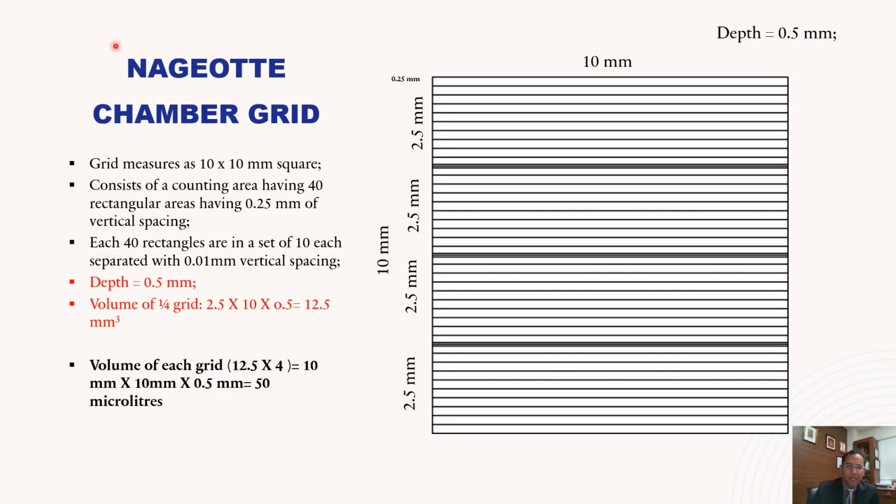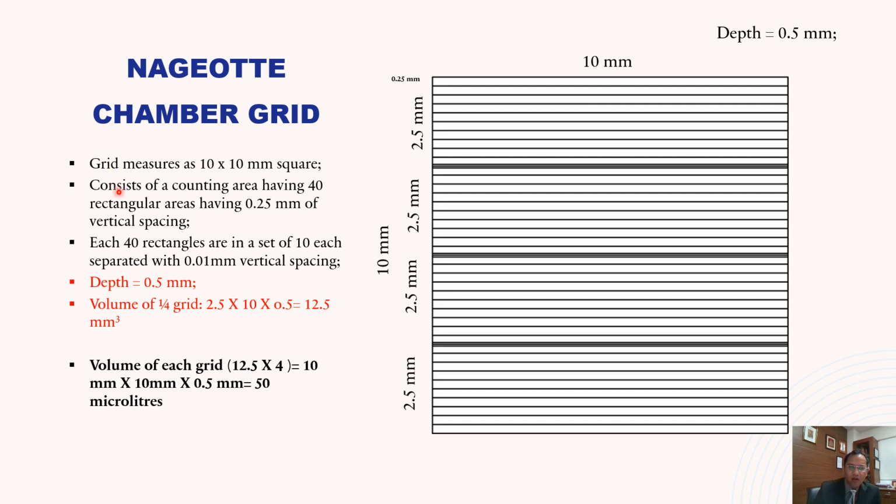Now the Nageotte chamber grid, you can see it's a 10 by 10 millimeter square. So this is 10 millimeter and this is another 10 millimeter square, and you can see it is divided into four parts. So each part has 10 rectangles. This is 10 rectangles, another 10, another 10, and another 10. So it is actually 2.5 millimeter area, which is 4 times, which is 10 millimeter.